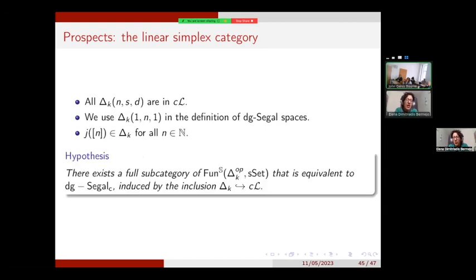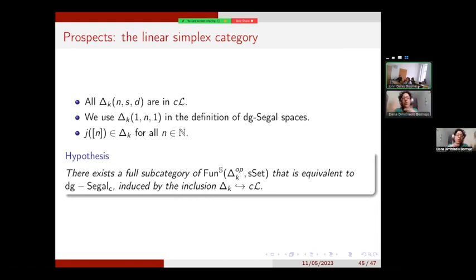And if you have been following, we have actually encountered these Delta_k's quite a bit. On one hand, they're all DG categories, so that is a good point in our direction. We also use Delta_k of 1 and 1 in the definition of DG Segal spaces when we define G of alpha. And also the image of the linearization functor gives only objects in Delta_k.